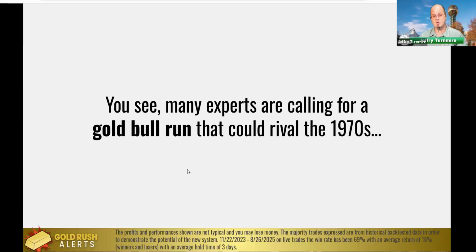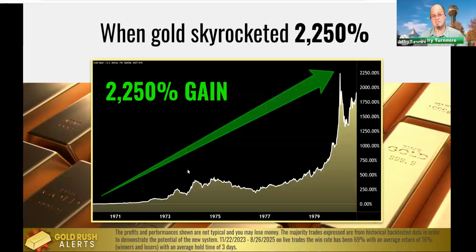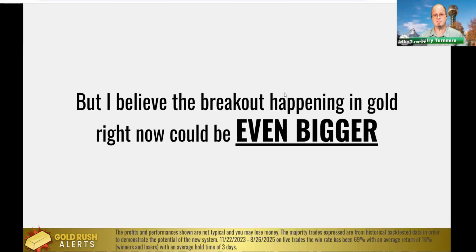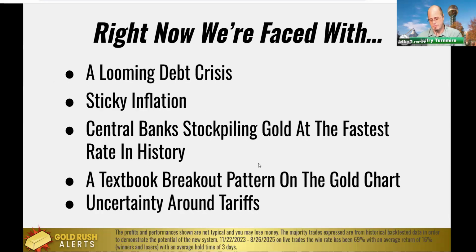Now, many experts call for a gold bull run that could rival the 1970s. This is when gold skyrocketed 2,200%. I believe that right now we can see gold running even bigger after we get done with the consolidation. If we can actually break out, we might make an epic run higher. I mean, we've got this U.S. government debt crisis. We've got consumer debt crisis.